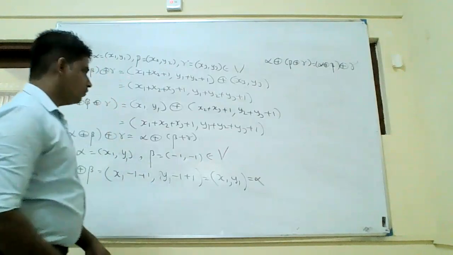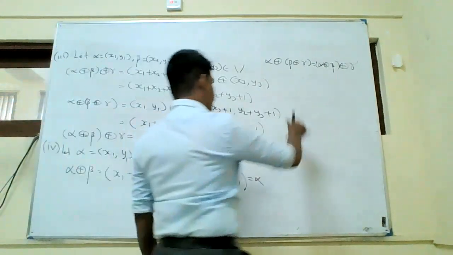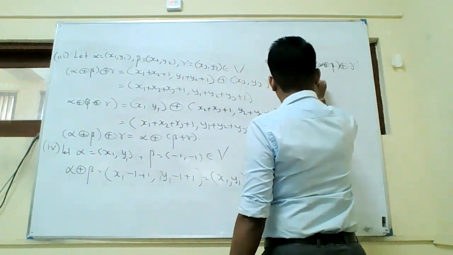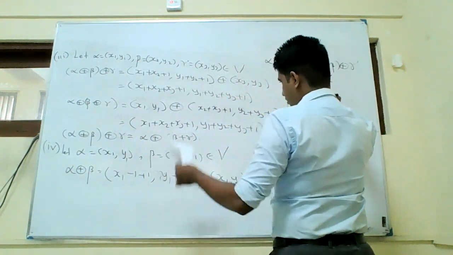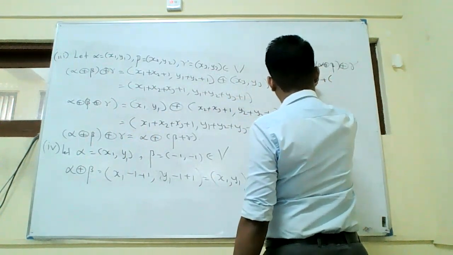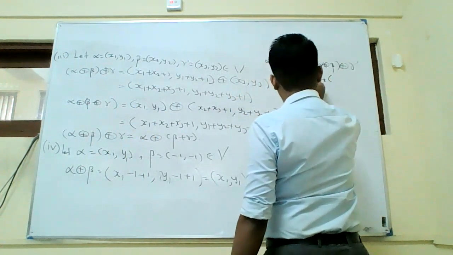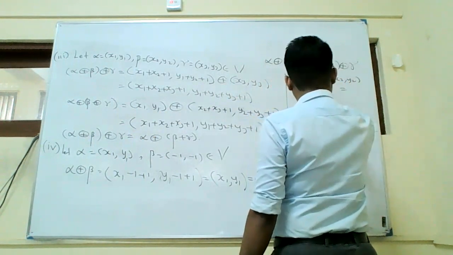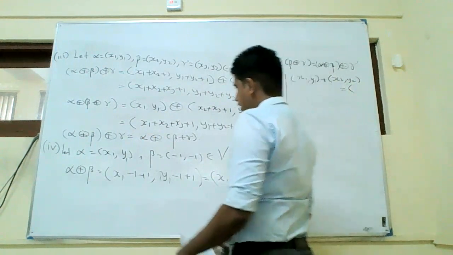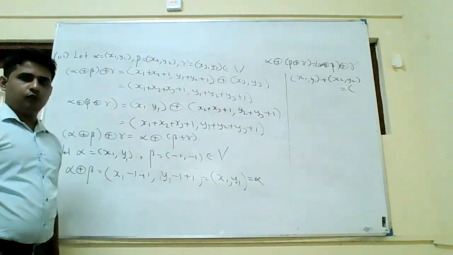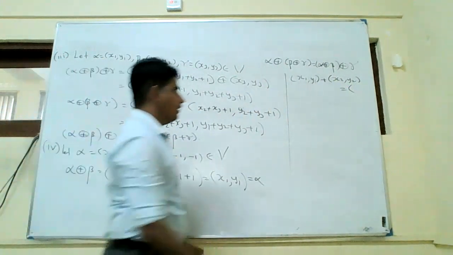How do we get these values? Roughly you can work it out. Take alpha as (x1, y1) and beta as (x2, y2). Suppose (x2, y2) is the identity, then you should get back (x1, y1).